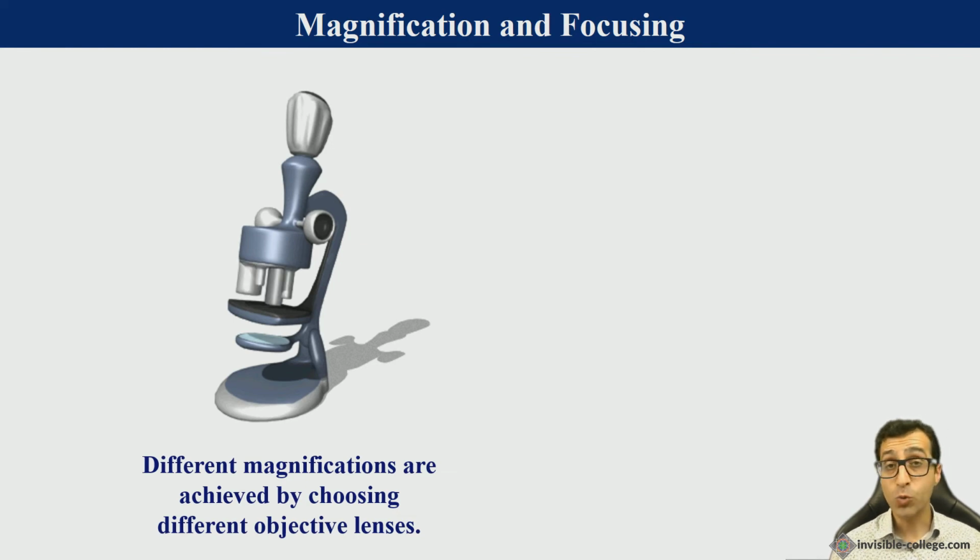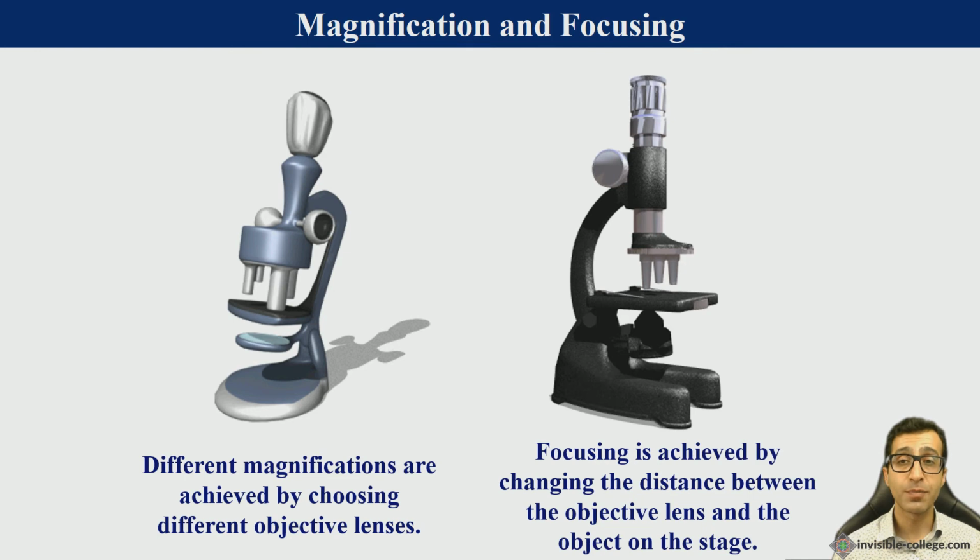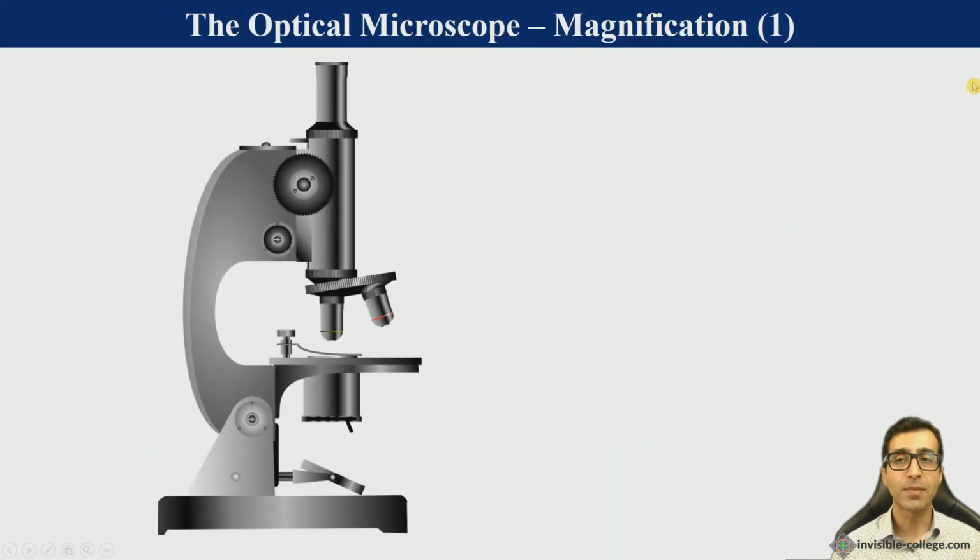So let's look at magnification now. Different magnifications with an optical microscope are achieved by choosing different objective lenses and also by choosing different eyepiece lenses. Focusing, on the other hand, is achieved by turning the coarse and fine focusing knobs. So let's look at how magnifying power is achieved in a microscope. Firstly, remember, we have two sets of lenses which are both responsible for magnifying the image.